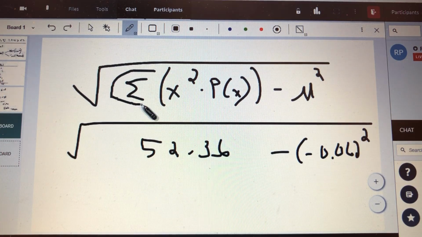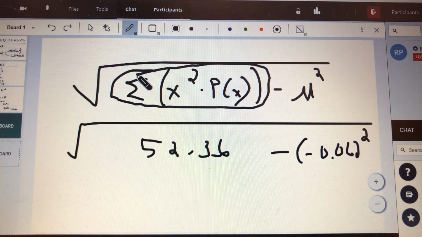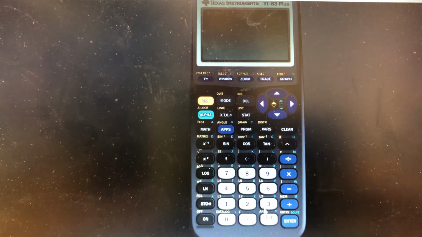This was the sum of x squared times probability of x. Now, anything squared is positive, so if you do a negative 0.06 times a negative 0.06, it'll be positive. This is what a square literally means, the same thing times itself.